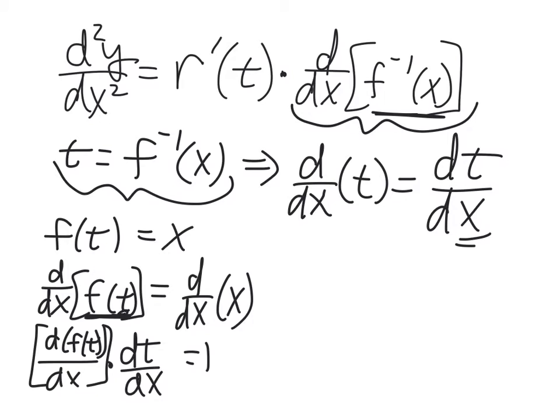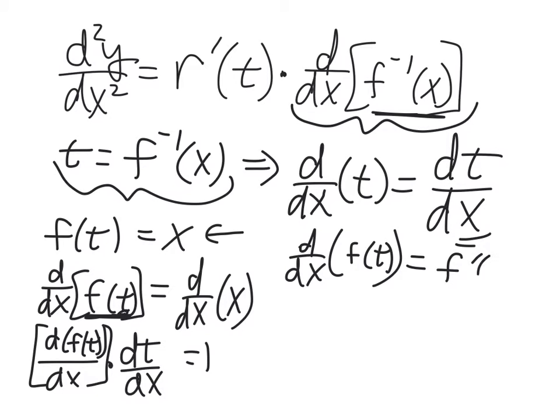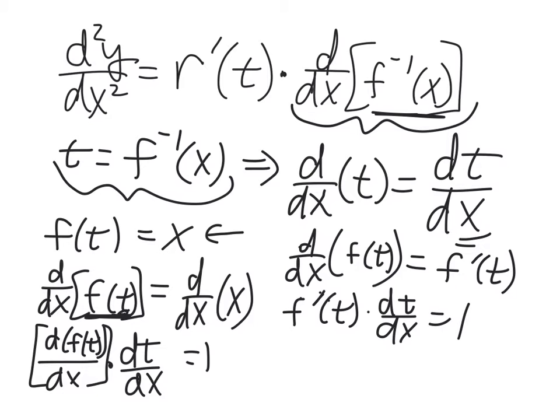That's what we were looking at even in the definition of the first derivative. So f primed of t times dt by dx equals 1.